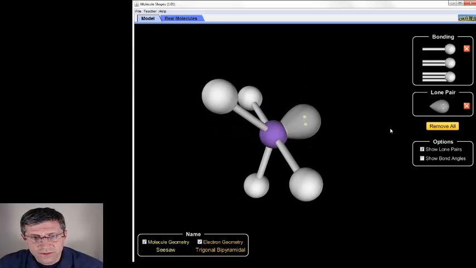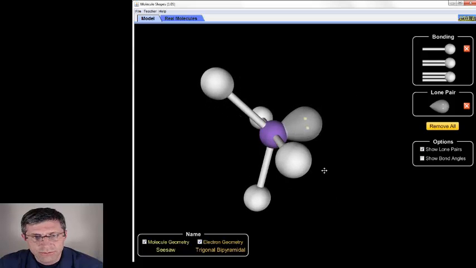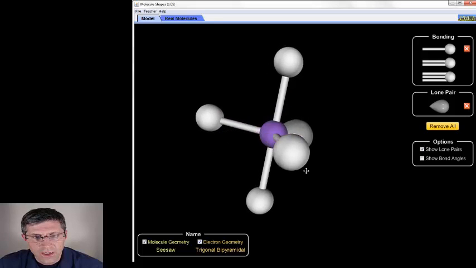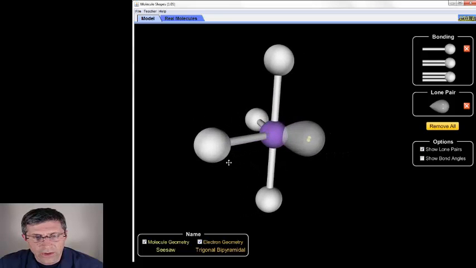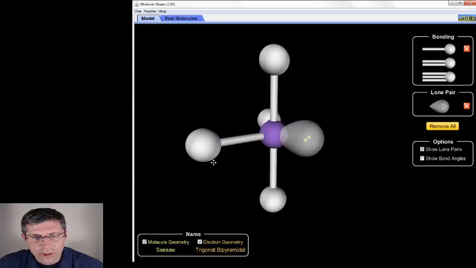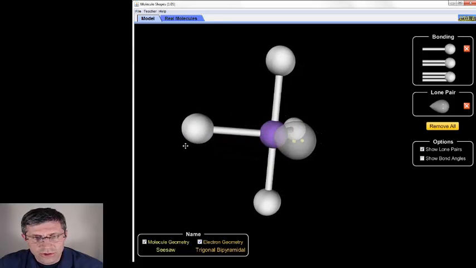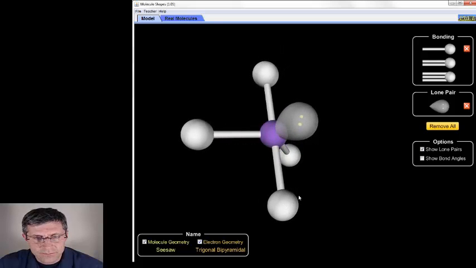If I replace one of these, notice it replaced one of the trigonal ones around the center. So this is the natural tendency that it'll fall into. Again, I'll have a trigonal bipyramidal electron structure, so the molecular geometry is going to be seesaw.